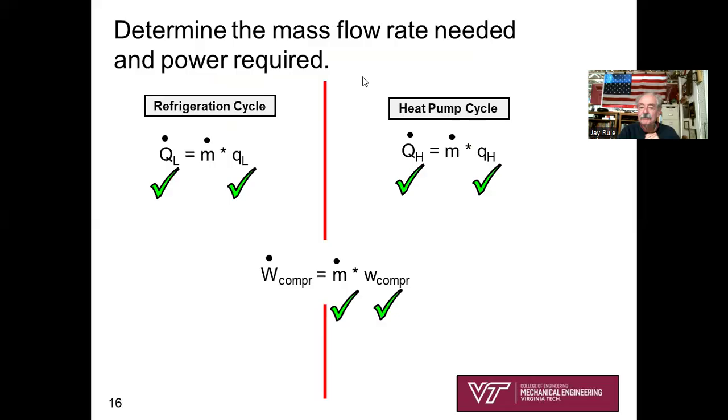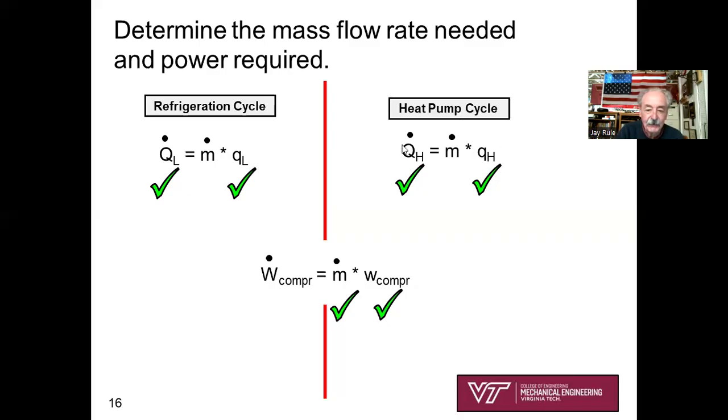Okay, determine the mass flow rate needed and the power required. Typically what I do is ask, what's the energy sought? Depending on your heat pump or your refrigeration cycle, it's one or the other of these, but both of them involve m dot. In your analysis, you've gotten QL and you've gotten QH.